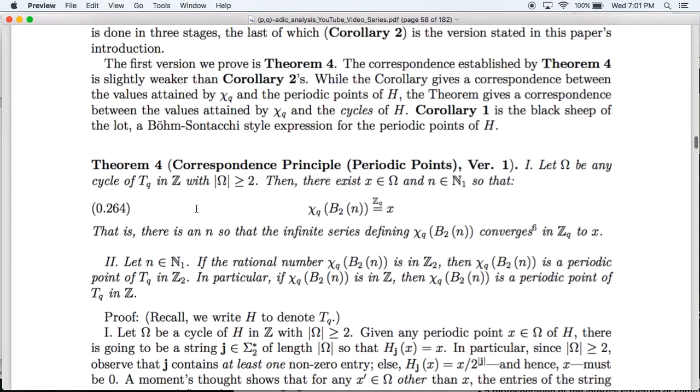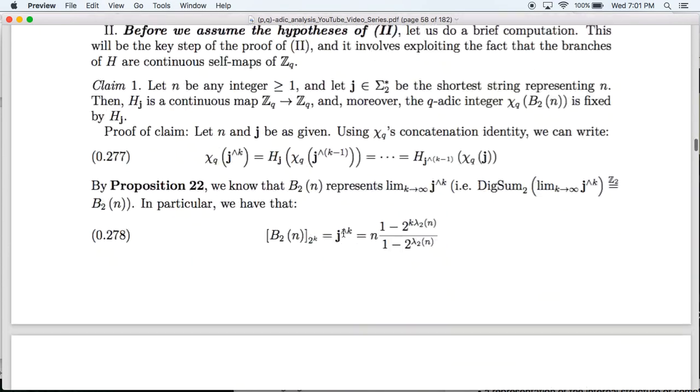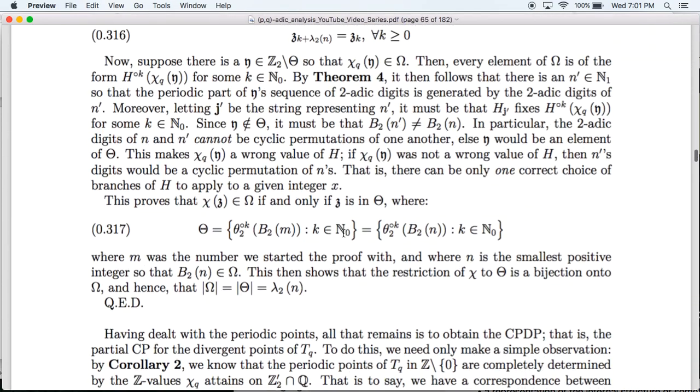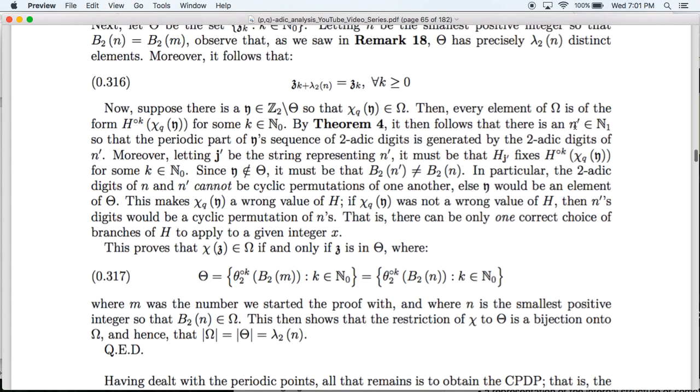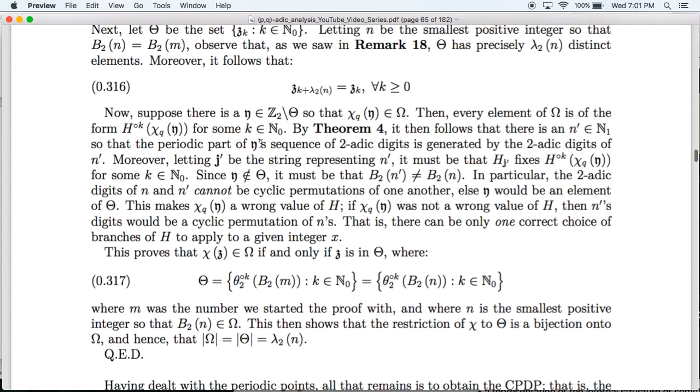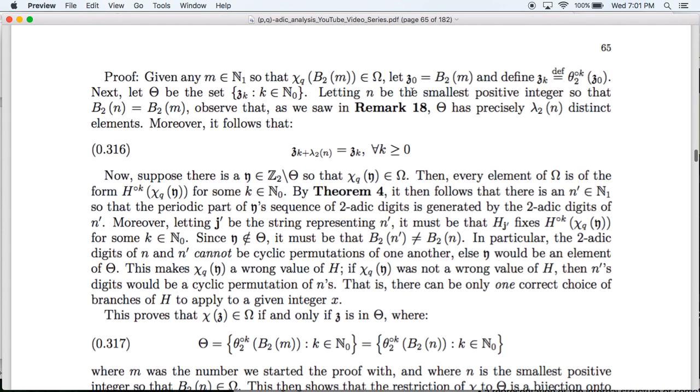Theorem 4 is by the first version of the correspondence principle. So by the first version of the correspondence principle, since this is a cycle, there's going to be some integer n prime such that the periodic part of y's two adic digits is generated by the two adic digits of n prime. Thus, n prime is to y as n is to z0. Moreover, letting a bold J prime be the string representing n prime, it must be that h bold J prime fixes this iterate for some k.